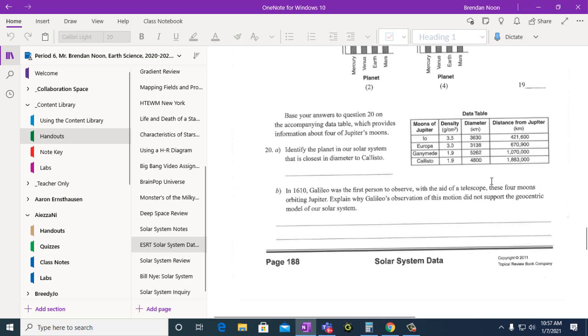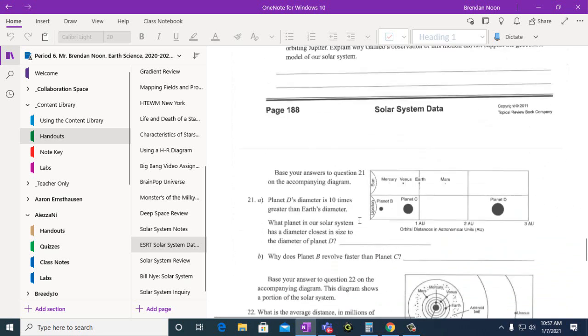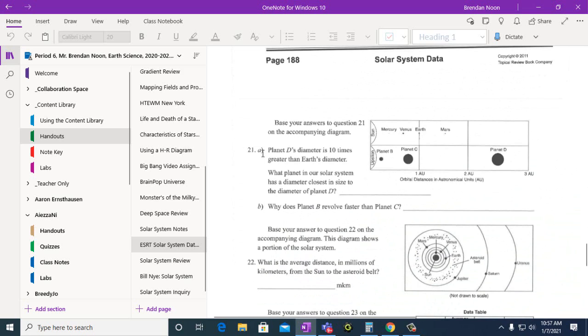If these 4 moons revolved around Jupiter, then obviously everything doesn't revolve around the Earth. So the answer would be, because the moons revolved around Jupiter and not the Earth, it did not support the geocentric model of our solar system. That's easy.